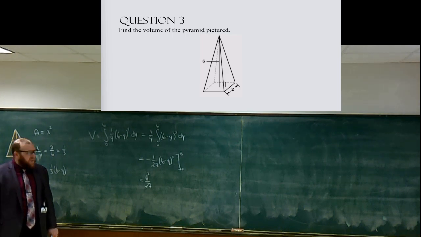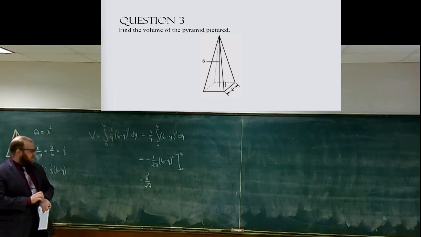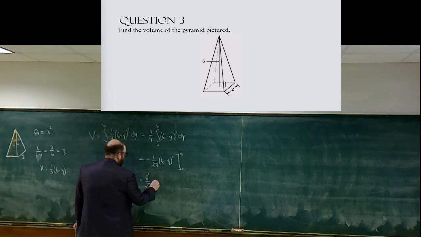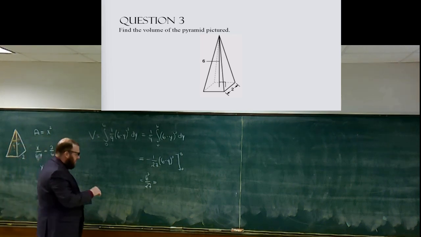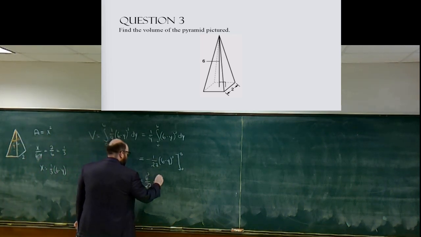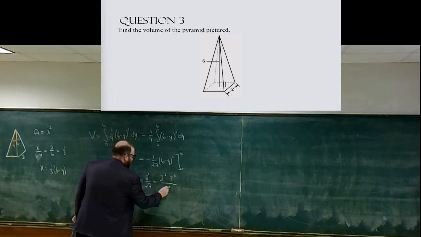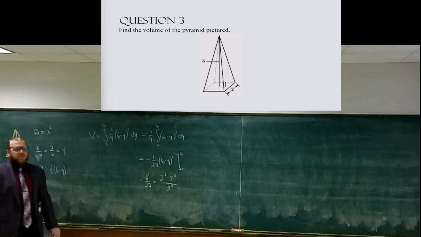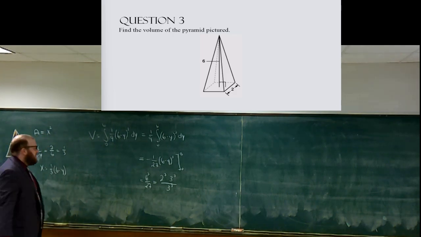Will that make it easier? Probably, because 6 cubed is 2 cubed times 3 cubed, and 27 is 3 cubed.